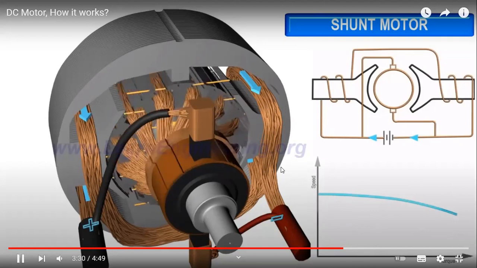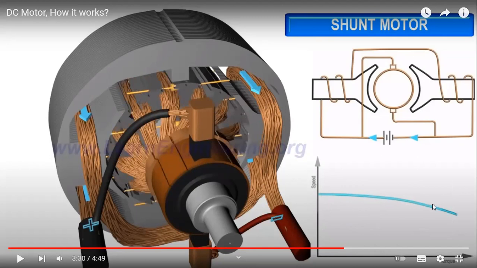You can clearly see from the graph that the speed is near about constant. The starting torque is not as high as the DC series motor, but the speed is constant. This is one of the benefits of the DC shunt motor.